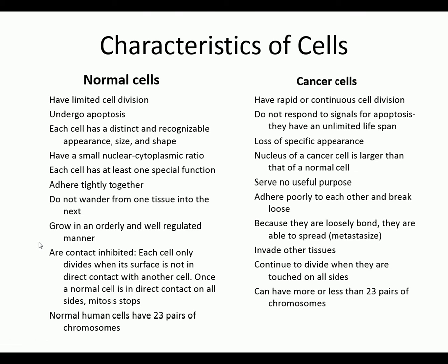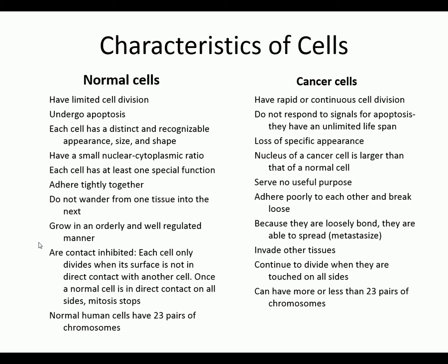So normal cells have limited cell division. They do undergo apoptosis. Each cell has a distinct and recognizable appearance, size, and shape. They have a small nuclear to cytoplasmic ratio. Each cell has at least one special function, and they do adhere tightly together.